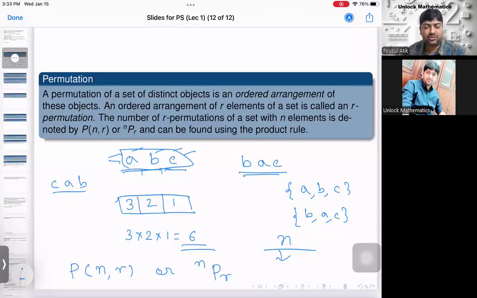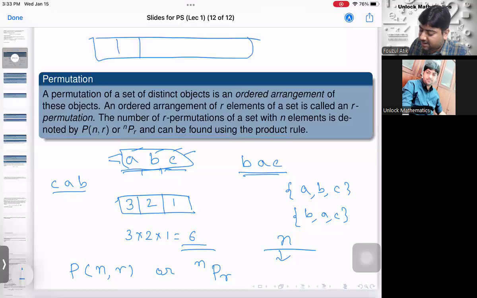Now you must have understood that if I apply the basic principle of counting, we can easily understand how many different ways you can have. Because you want to arrange r elements from an n-element set, you basically have r positions, right?